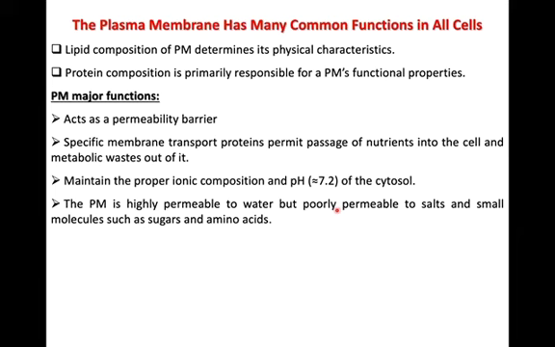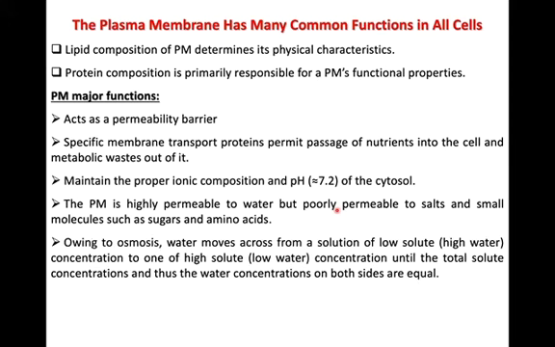The plasma membrane is highly permeable to water, but poorly permeable to salts and small molecules such as sugars and amino acids. Owing to osmosis, water moves from a solution of low solute, which is high water, into a solute-concentrated one, which is low water concentration, until the total solute concentration is equal on both sides.